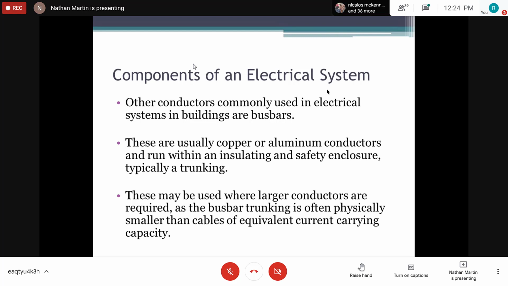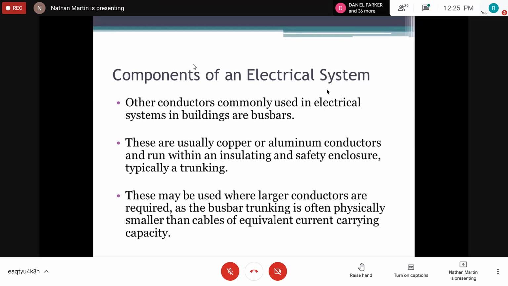These are usually copper or aluminum bus bars, and are actually tucked away in an enclosure, typically a trunking type enclosure or a metal clad enclosure, right? Metal clad meaning the galvanized boxes that are colored gray, right? Most of them come in gray for installation purposes, right?